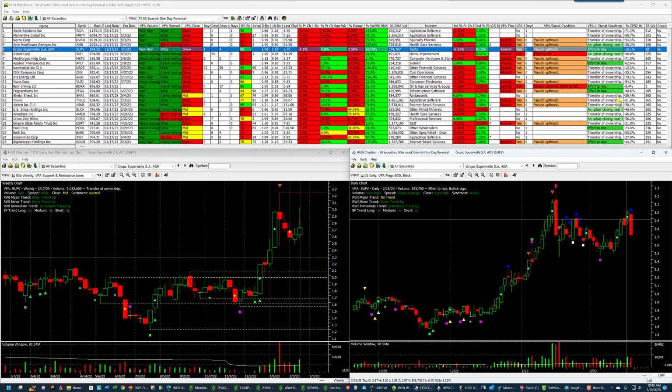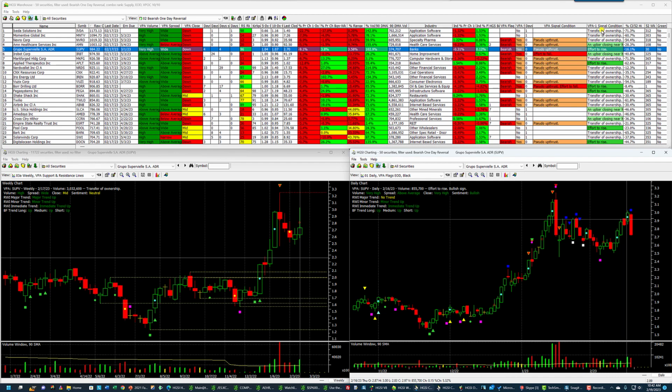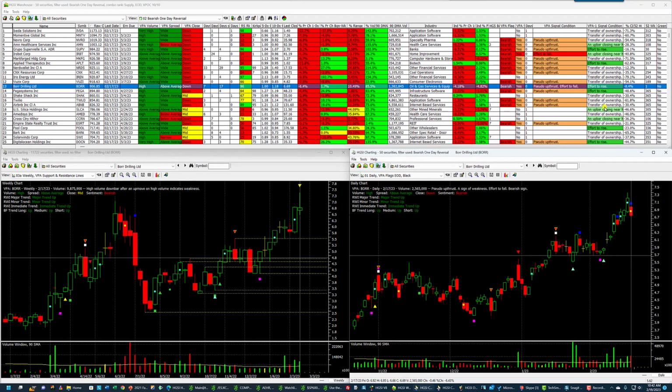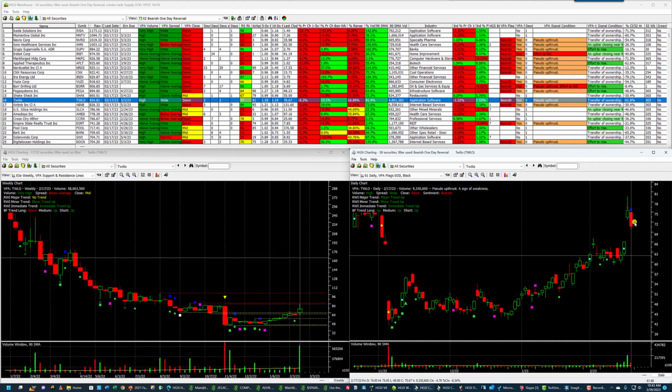It may have a red bar prior, but anything else with the bullish flags or the bullish signal conditions are going to be a green bar within a one-day reversal to the downside. The transfers of ownership are not always going to be that way. Now here's one that was perfect, a green bar and a red bar with the transfer of ownership.